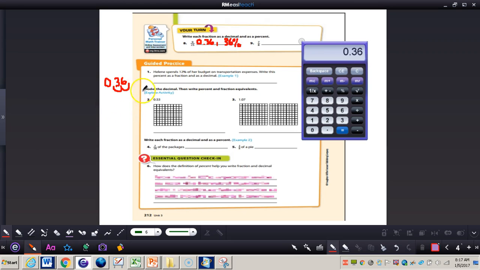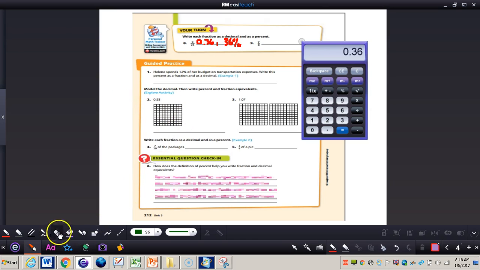Now let's say we had a decimal of 1 and 25 hundredths. You would still move that decimal 2 places to the right to turn it into a percent for 125%. So if you're taking a decimal to a percent, you move the decimal 2 places to the right. If you're taking a percent and turning it into a decimal, you move the decimal 2 places to the left.